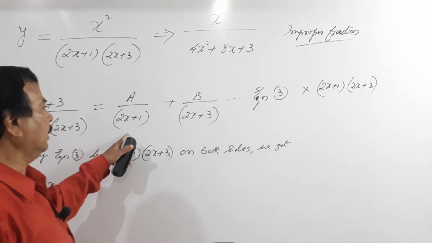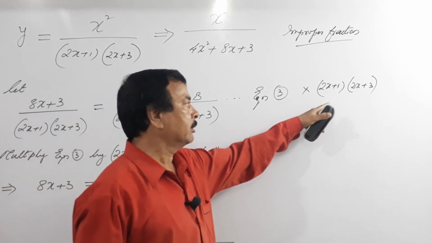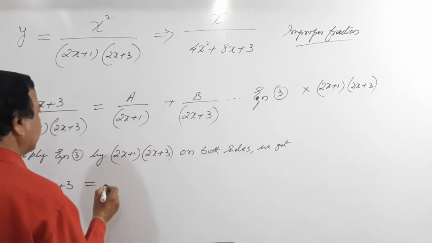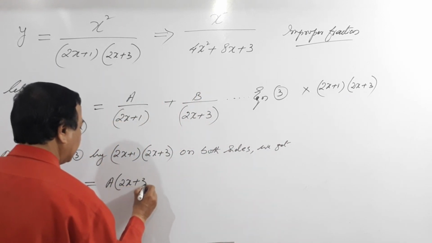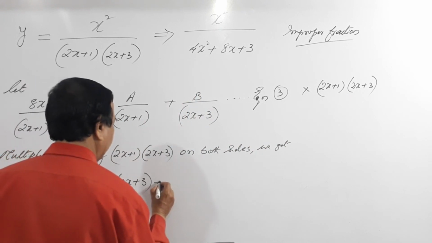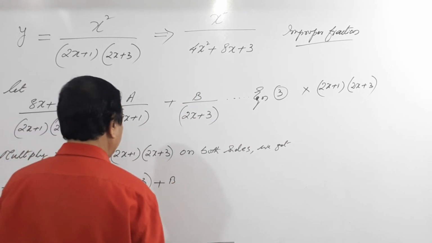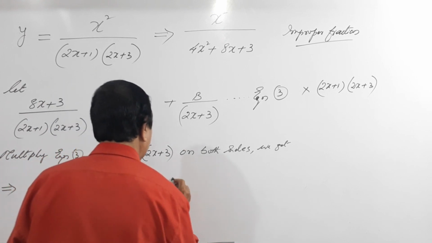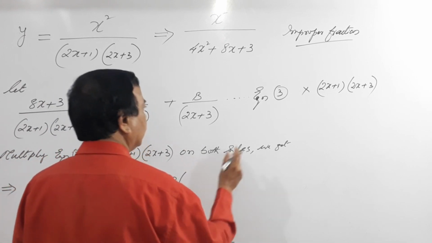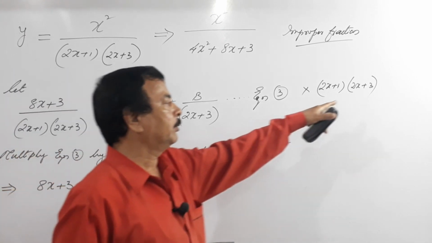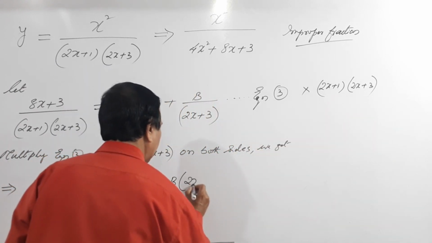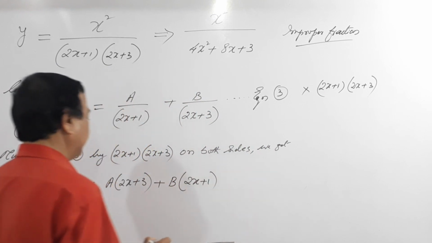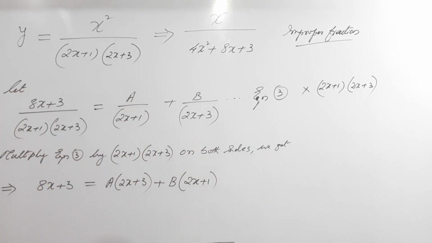So 2x plus 1 cancels, you are left with 2x plus 3. So this becomes a into 2x plus 3 plus b into 2x plus 1, since 2x plus 3 cancels and you are left with 2x plus 1. Okay.